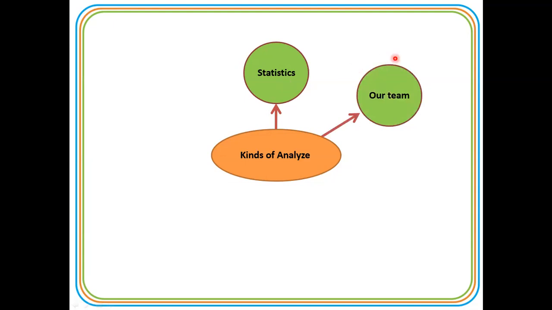The second is our team. We analyze our team. Of course, we have another one to analyze the opponent, but as I told you before, we should have complete information about our team first. Okay, the other one is technique.